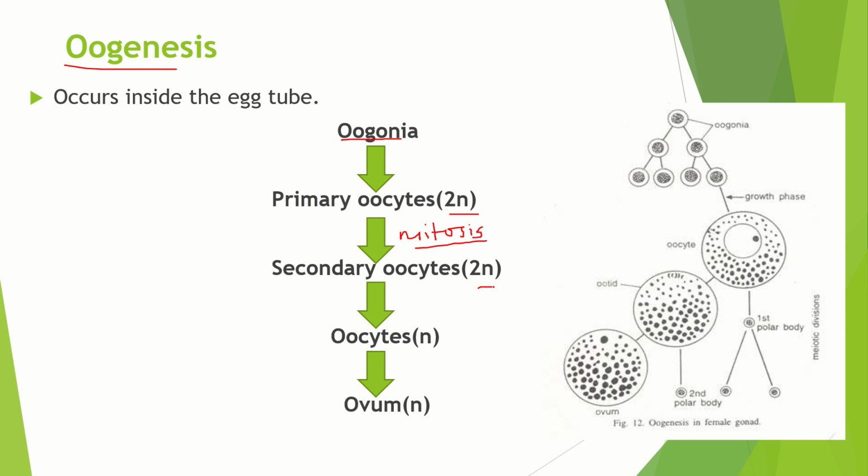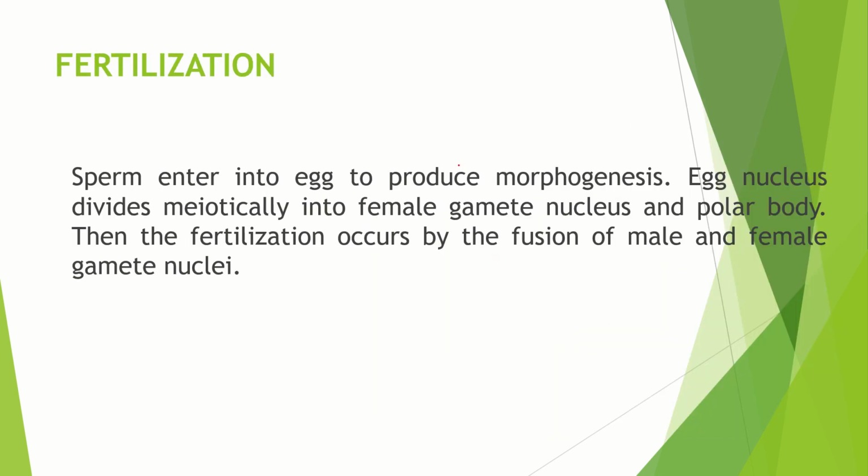After production of the secondary oocyte, through meiotic cell division the ovum is formed. This process is called oogenesis, and it occurs inside the egg tube.